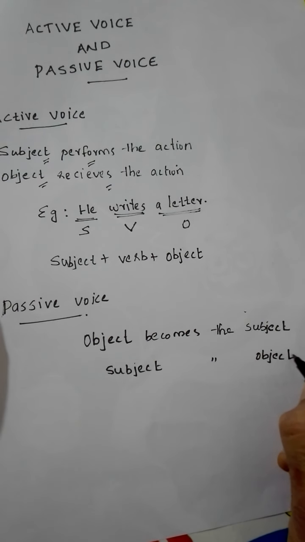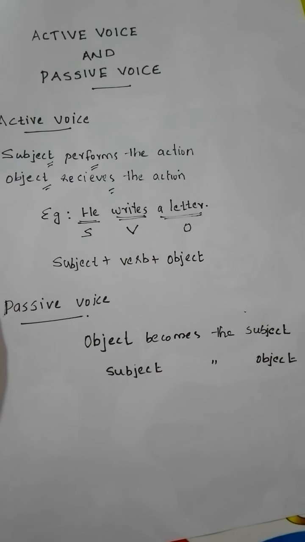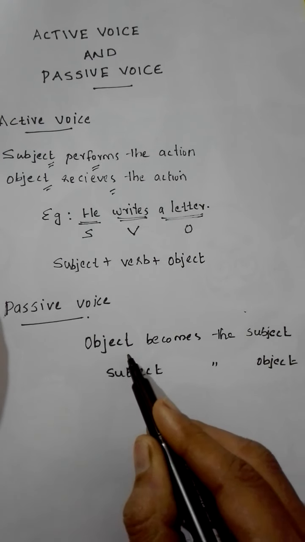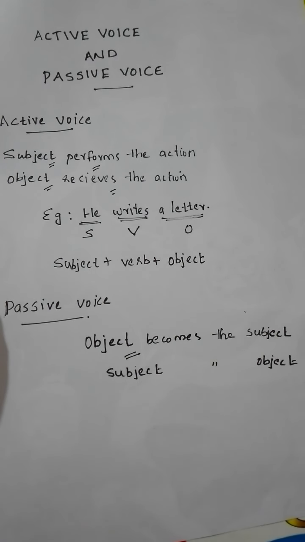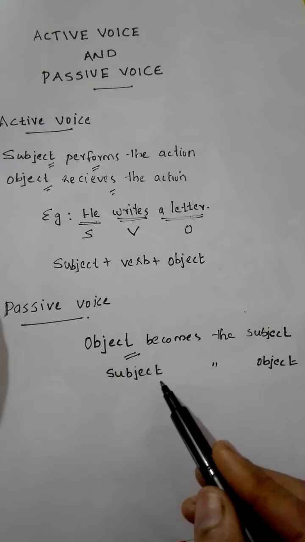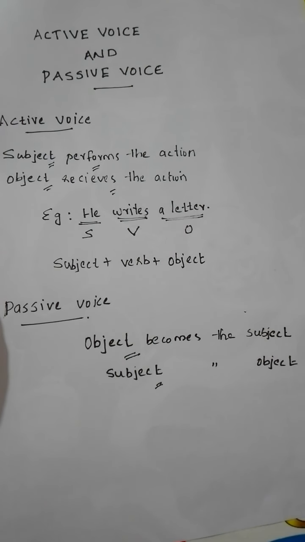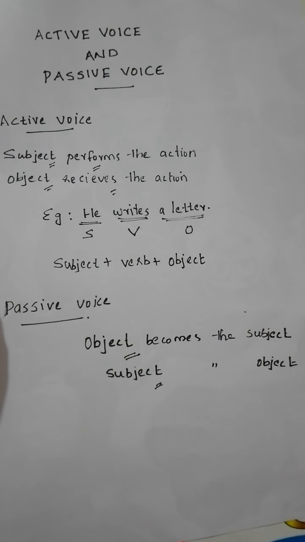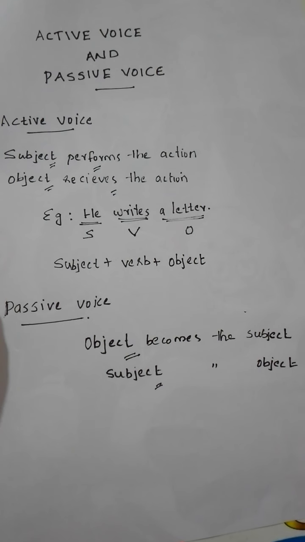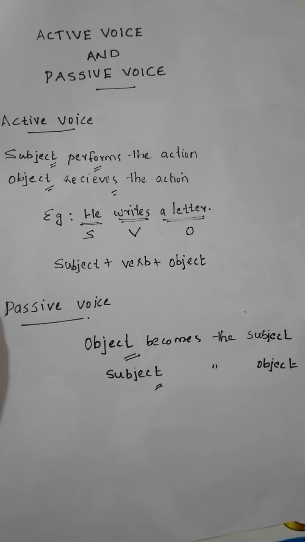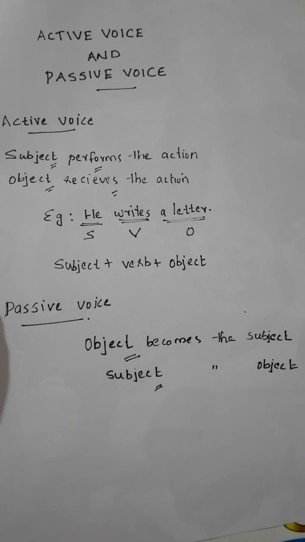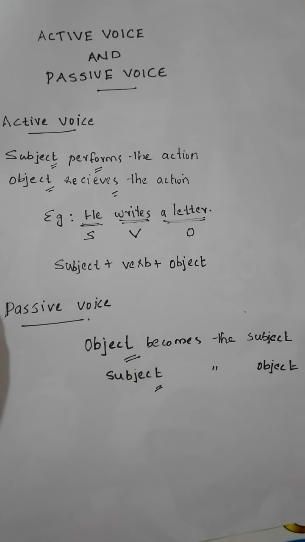Got it? Means we are giving more importance to the object here. Object is the performer in the passive voice and subject is the receiver only. Got it? And here the sentence structure will be changed from the active voice. Means here the object becomes the subject position and the subject will be changed into the object.